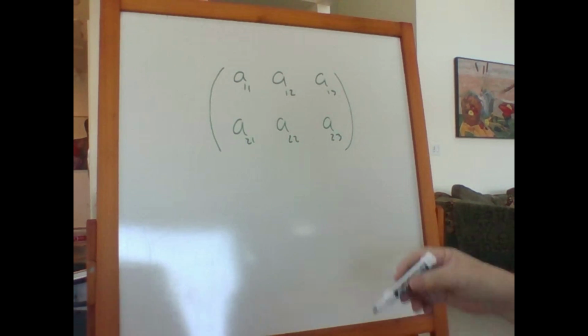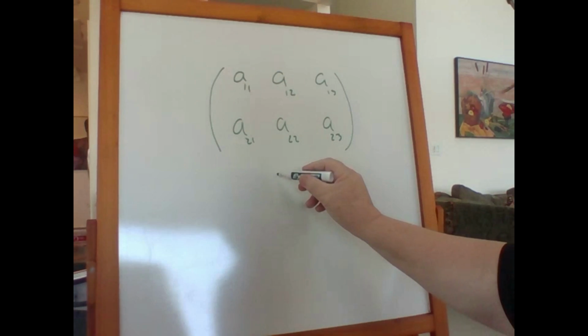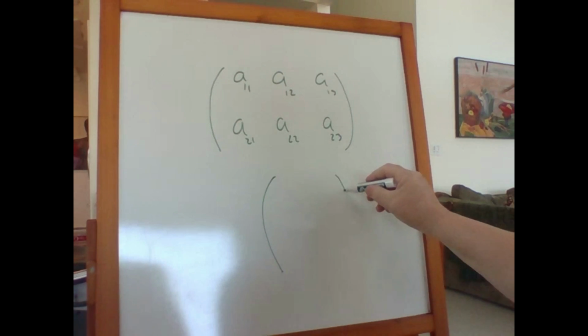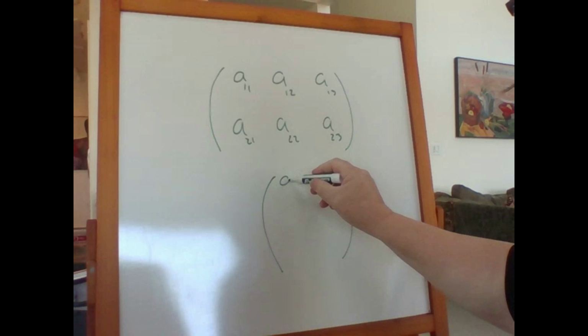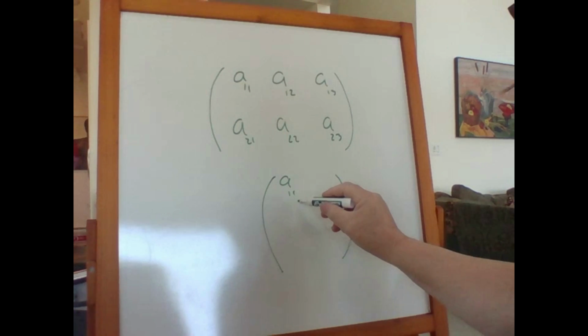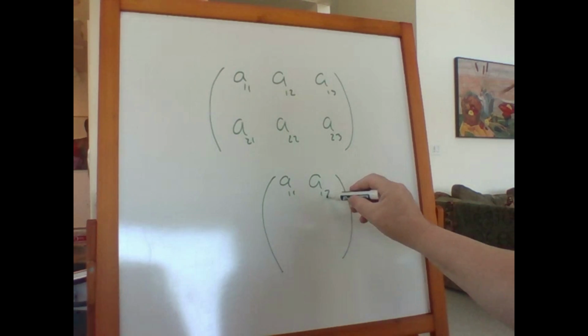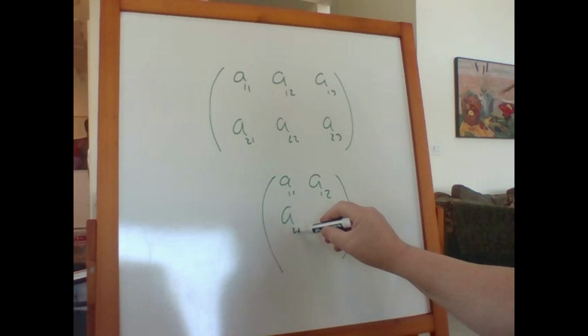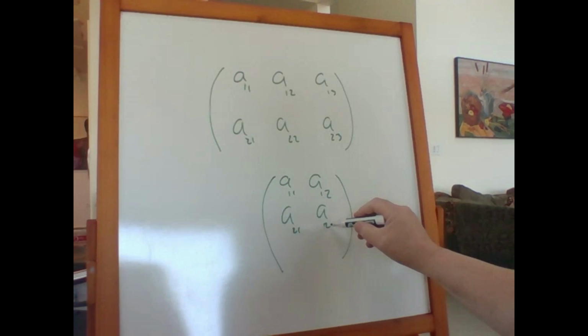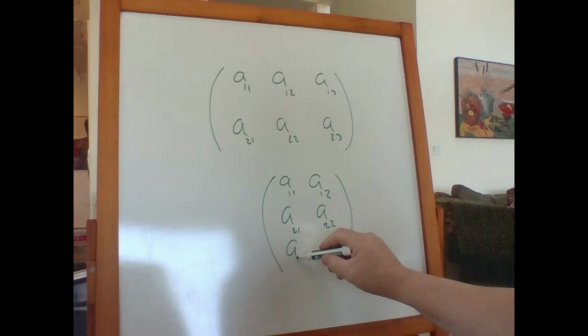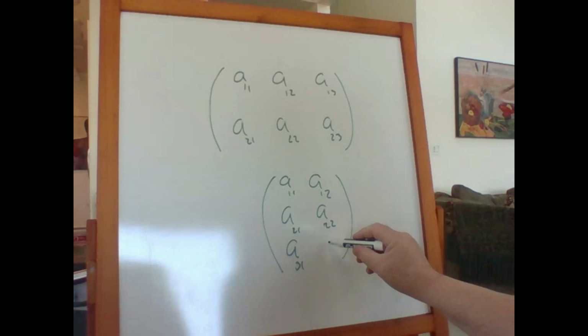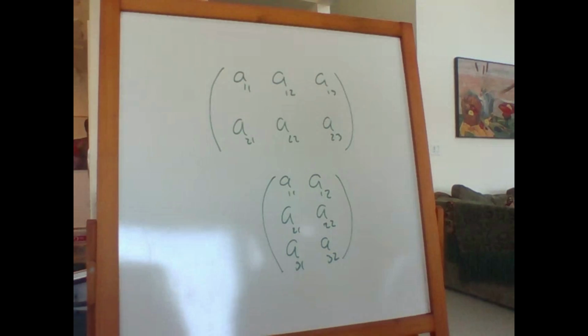Another matrix would be something like this: A11, A12, A21, A22, A31, and A32. And you can have different arrangements of numbers.